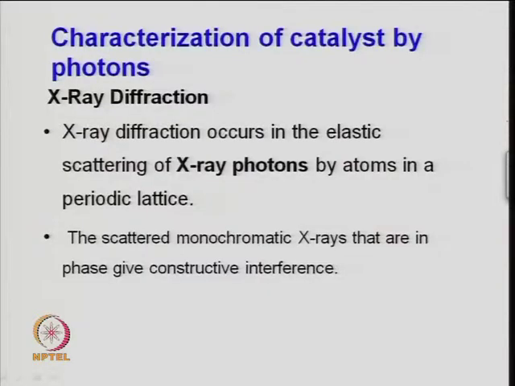The monochromatic X-rays that are in phase give constructive interference. So the information you get from the X-ray is that the beam strikes, and then diffraction and reflection are there. We measure it based on Bragg's law, n lambda equals 2d sin theta.